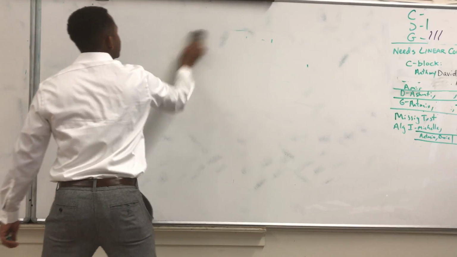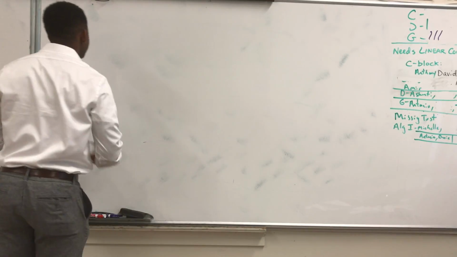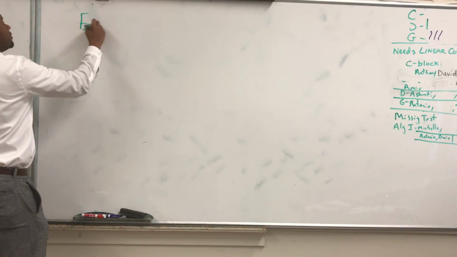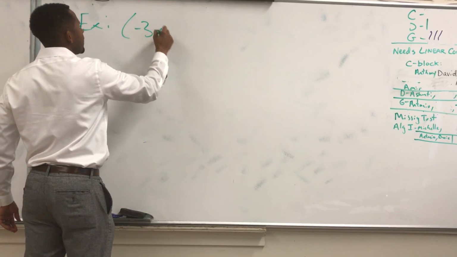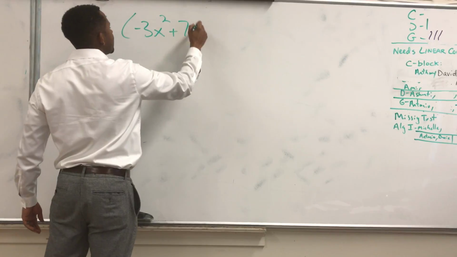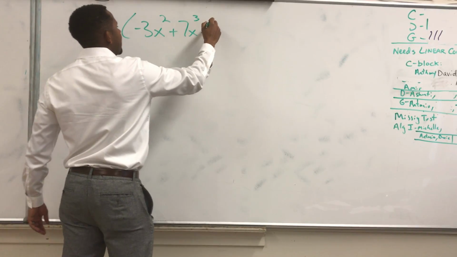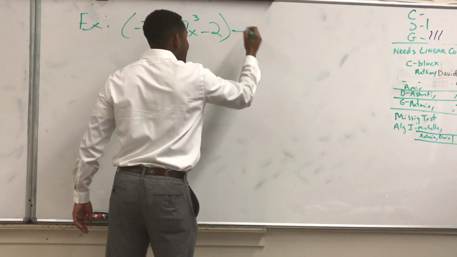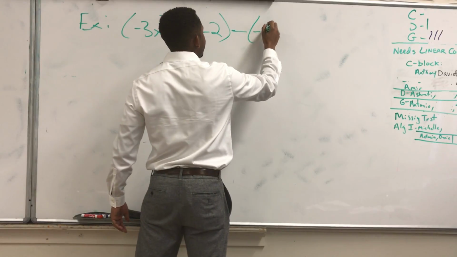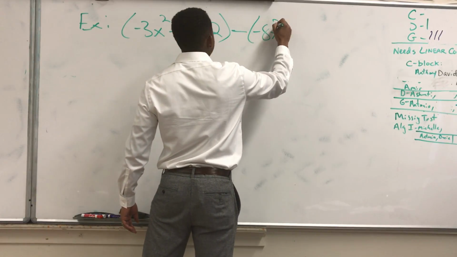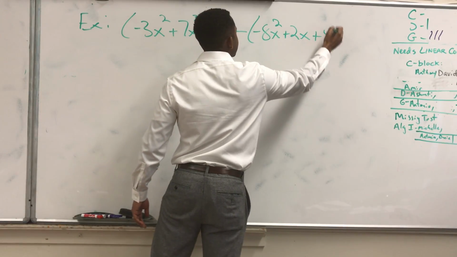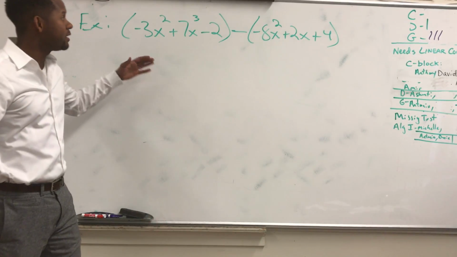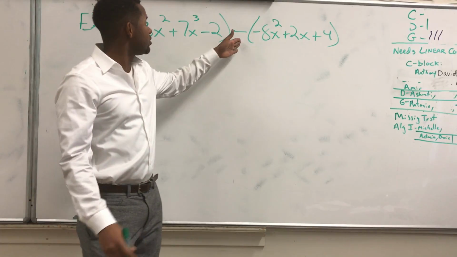All right, so let's say example 1. It says -3x squared plus 7x to the third minus 2 minus -8x squared plus 2x plus 4. Okay? We are never going to do this subtraction.